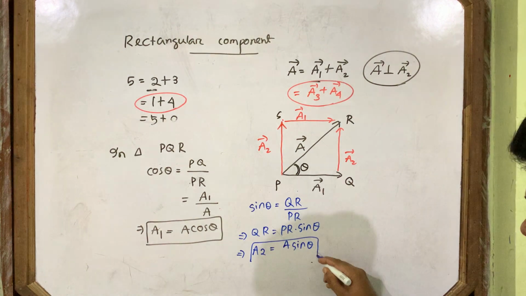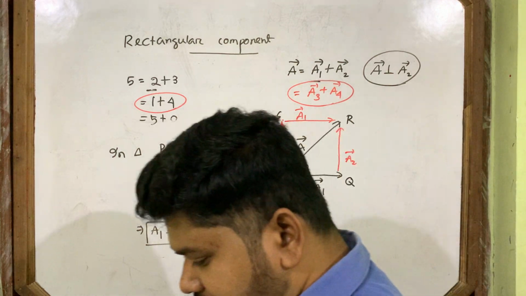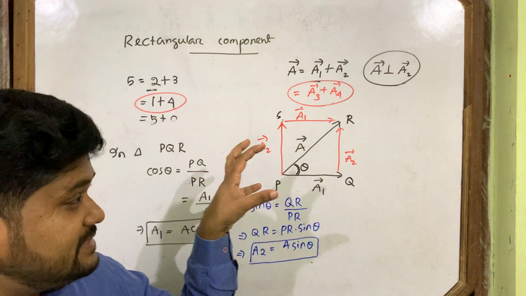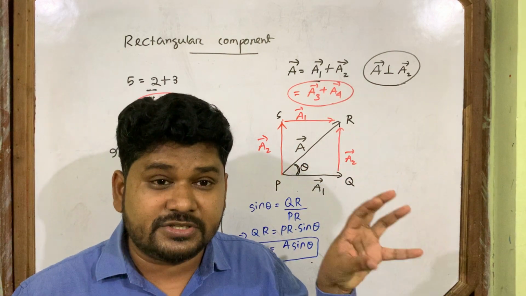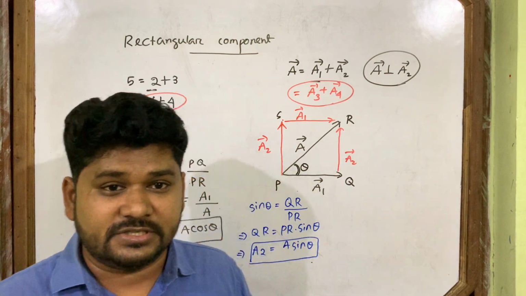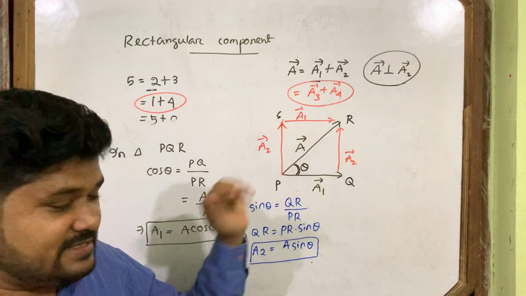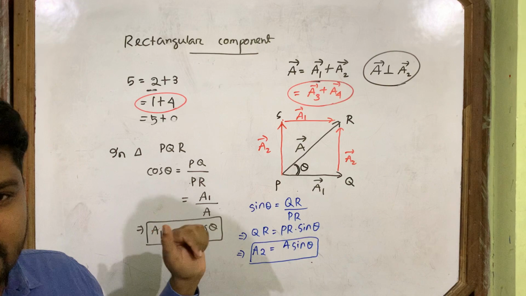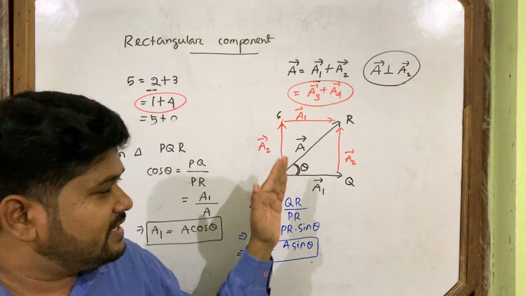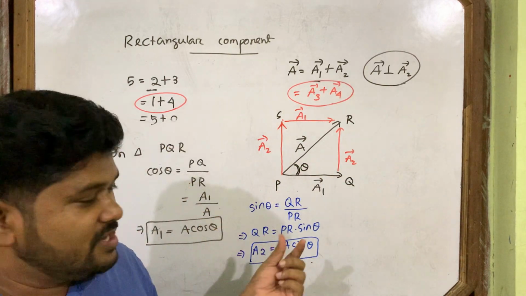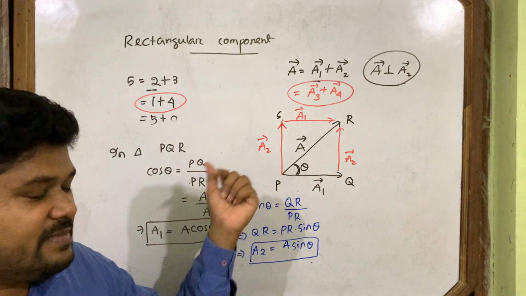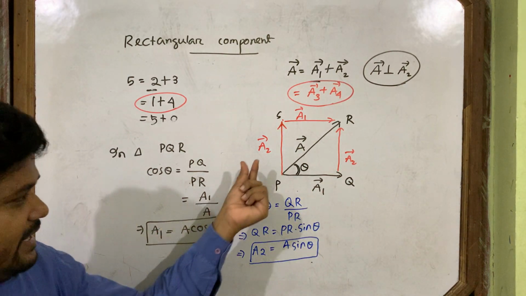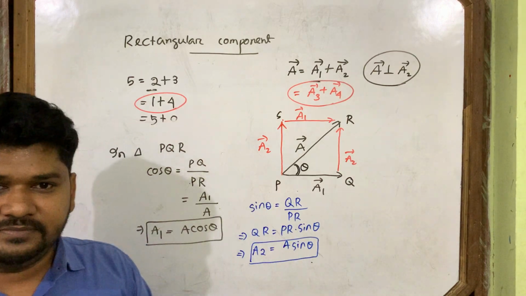You got a2. So if a vector is given to you, remember this one, because this is used in all chapters of physics. If this is vector a, its rectangular components are a1 and a2. I draw a1 in this direction, a2 has to be in this direction. What is the magnitude of a1 and of a2? a1 is equal to a cos theta, a2 is equal to a sin theta.